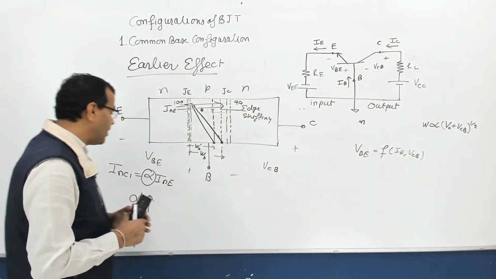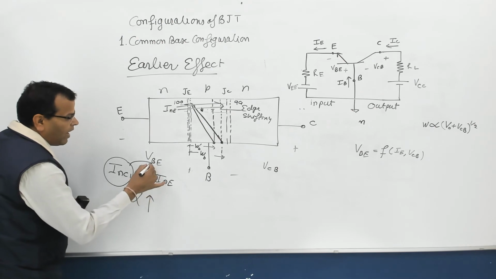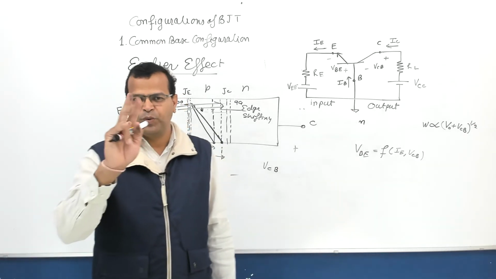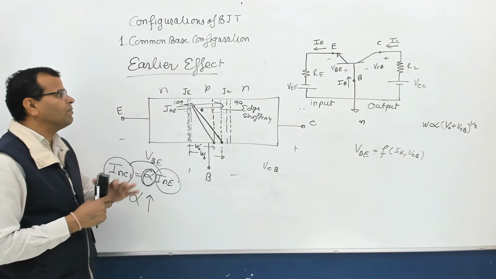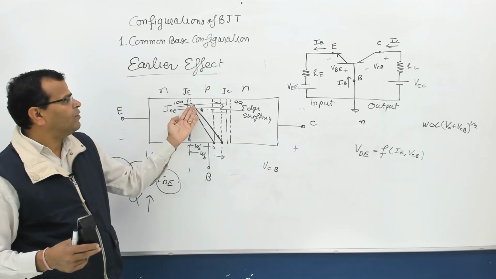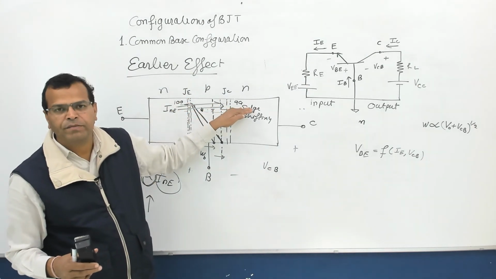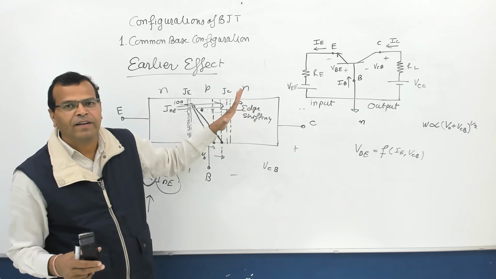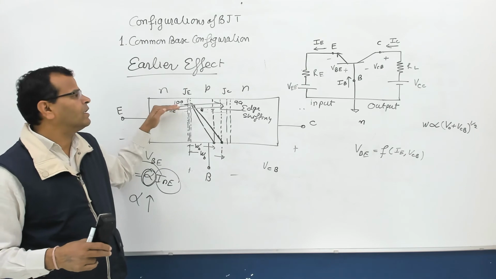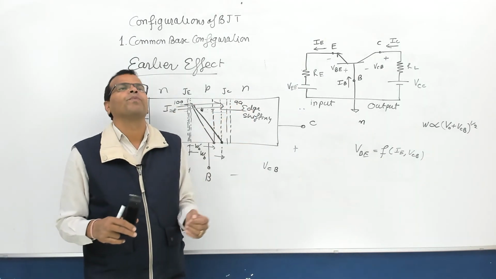Please do remember, my collector current is a function of alpha and I_NE. Alpha is basically the fraction of carriers which were injected from the emitter side which is reaching there. Fraction of carriers means current, you can say. The current which was injected here, the fraction of that current at the collector. You can say that way also.